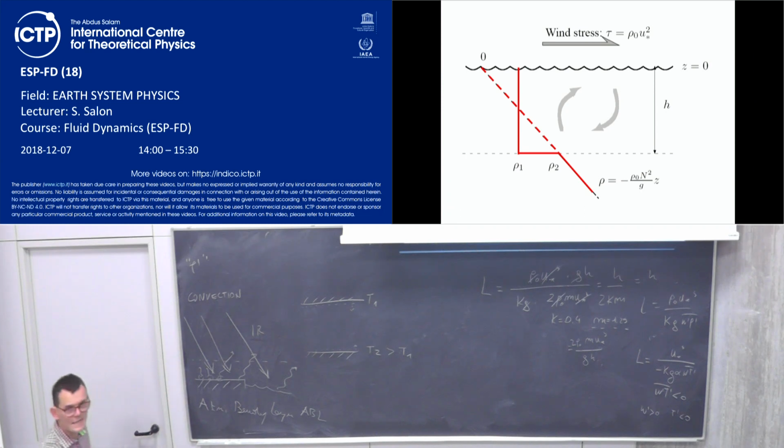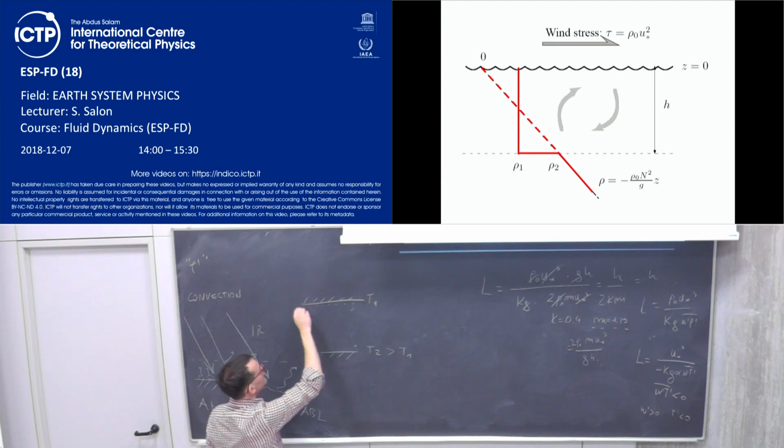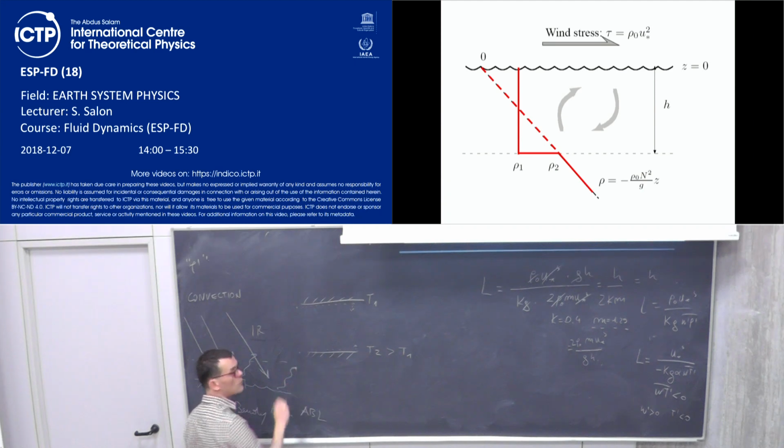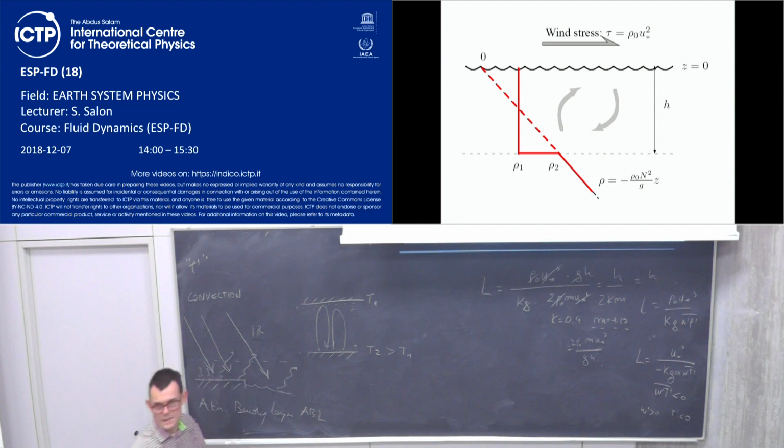And of course, if there is the right condition, like in summer, when effectively we have a system like this, where we have, for example, very cold air here and very hot air here, what we obtain is a system like this. Okay?